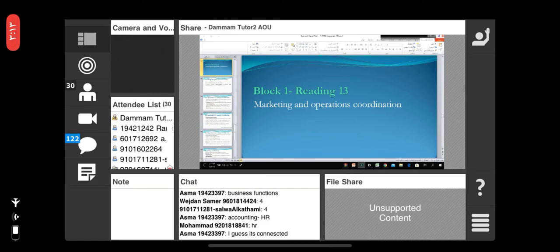Yes, you can connect. Can you connect the finance department with the marketing? It's same things, okay? At same moment is very difficult, but at same moment is possible.